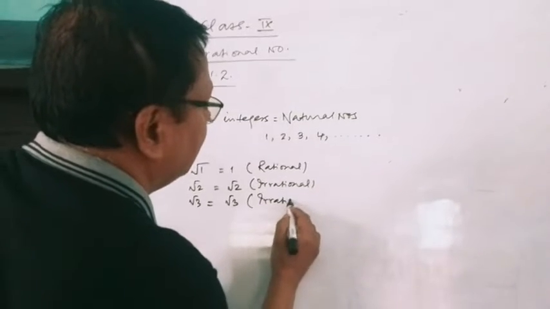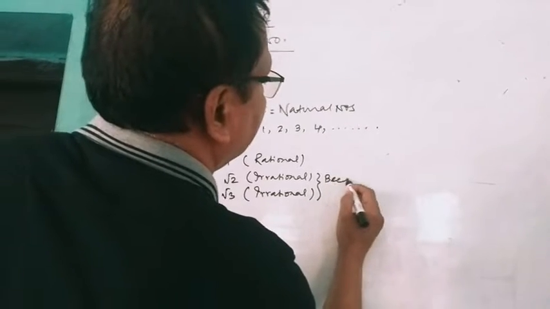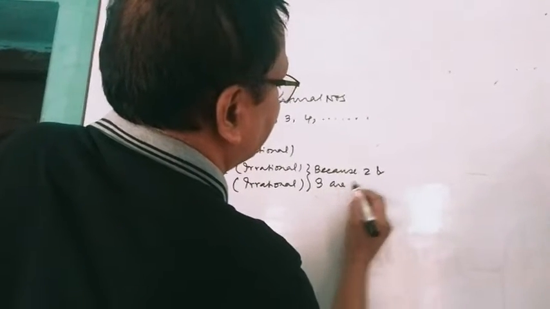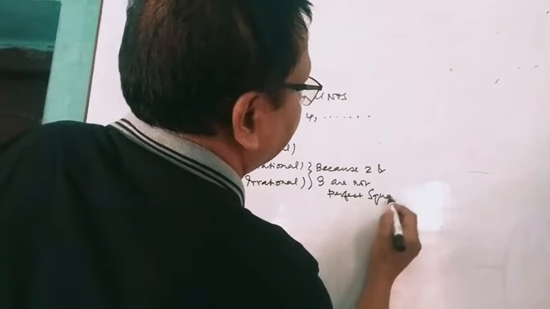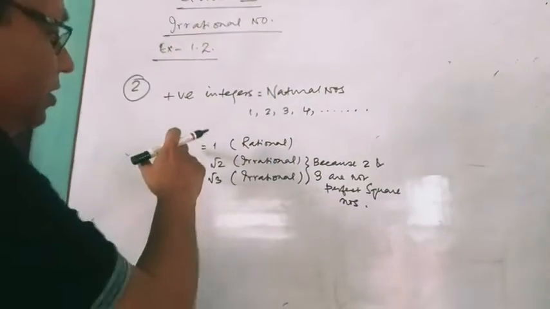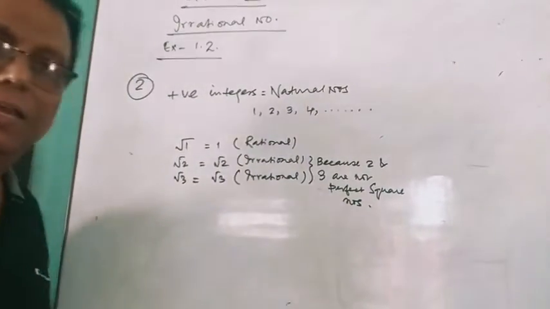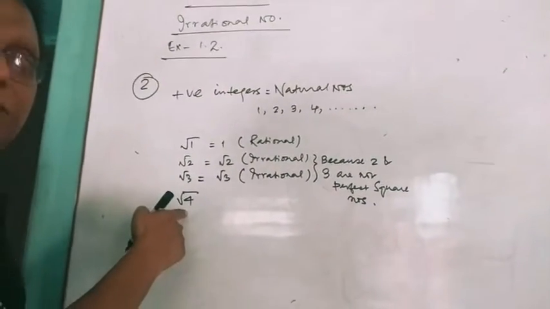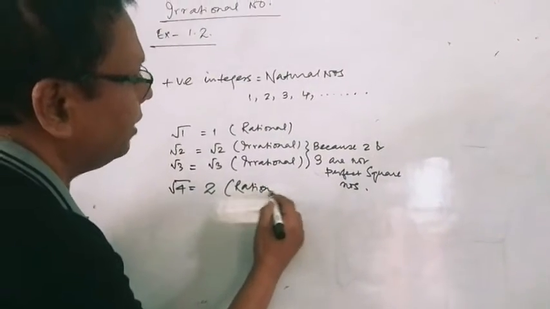The reason is that 2 and 3 are not perfect square numbers. So, if the radicand is not a perfect square, then it will be an irrational number, and if the radicand is 4, which is a perfect square, that becomes 2, which is a rational number.